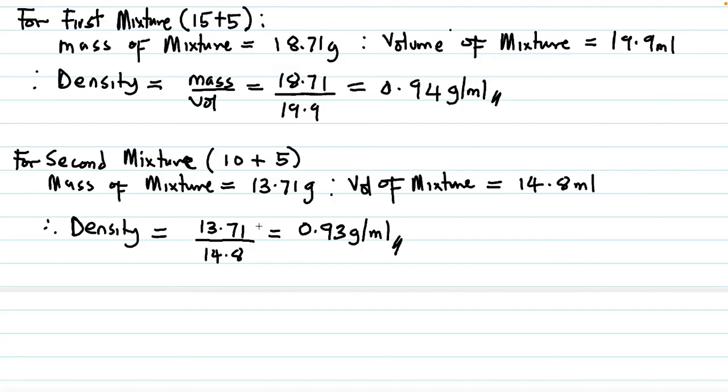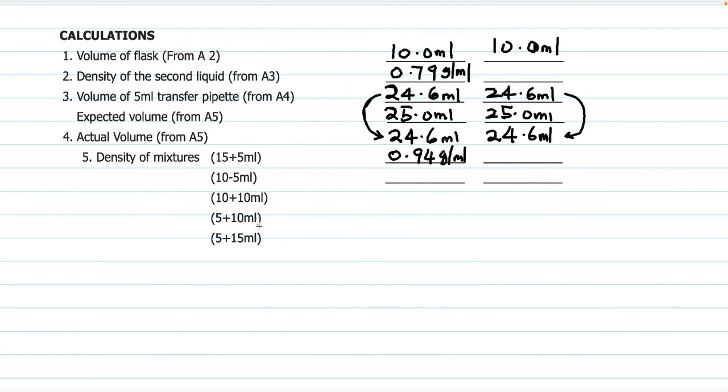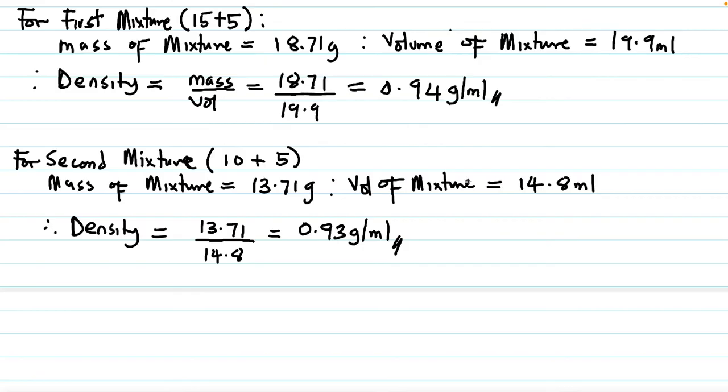Where am I going to record this? You come back here to your table, and please, this is supposed to be 10 plus 5. This is 0.93 grams per mil.